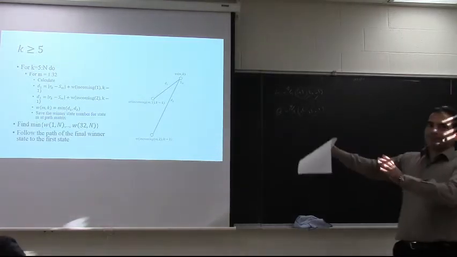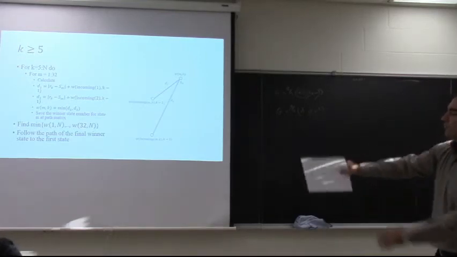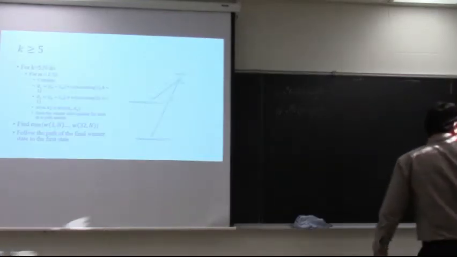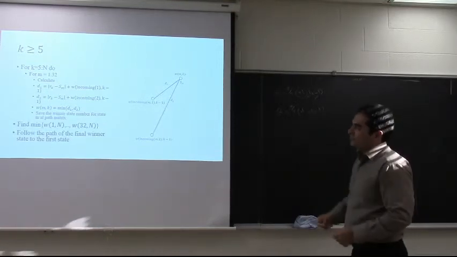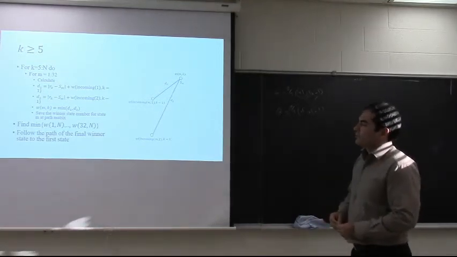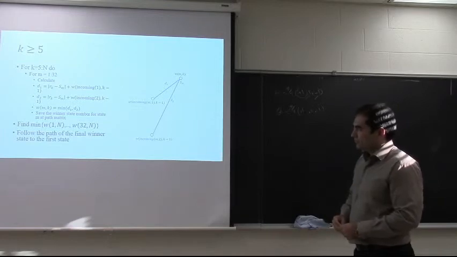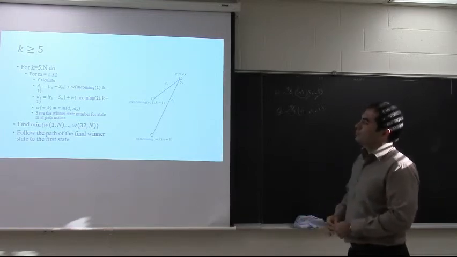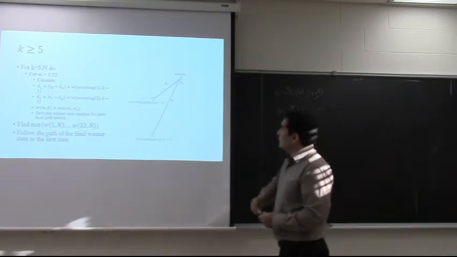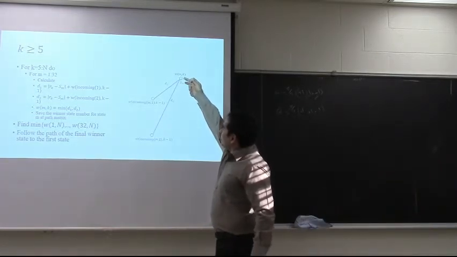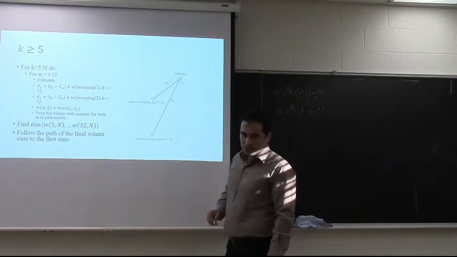And this is the main loop. For k equal to 5 to n, do what? Go to another loop. For m equal to 1 to 32, do what? First of all, calculate Sm, which will be from S1 to S32.